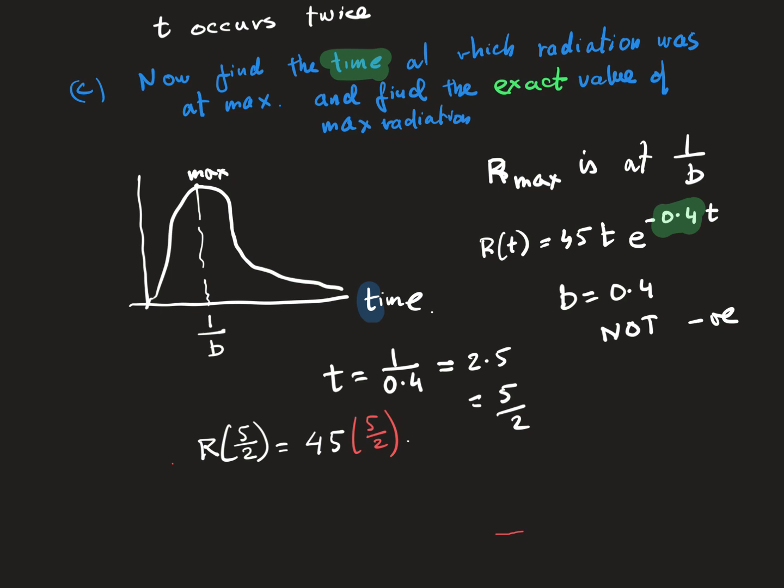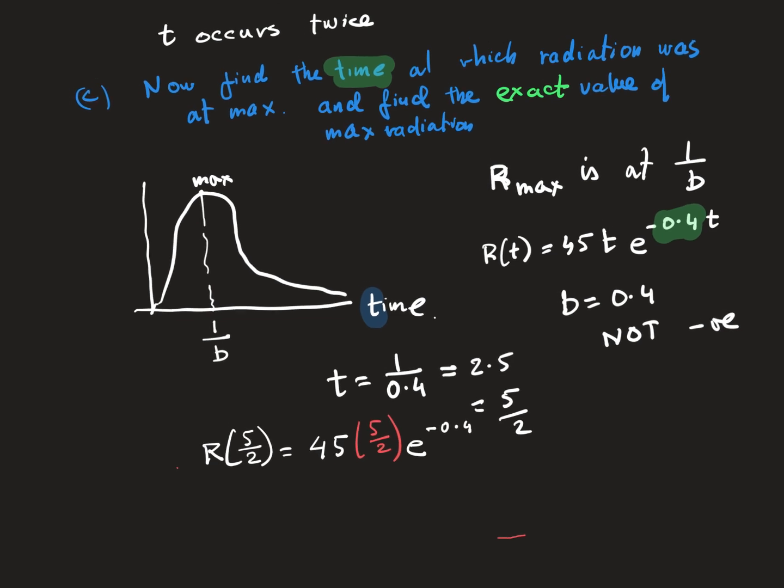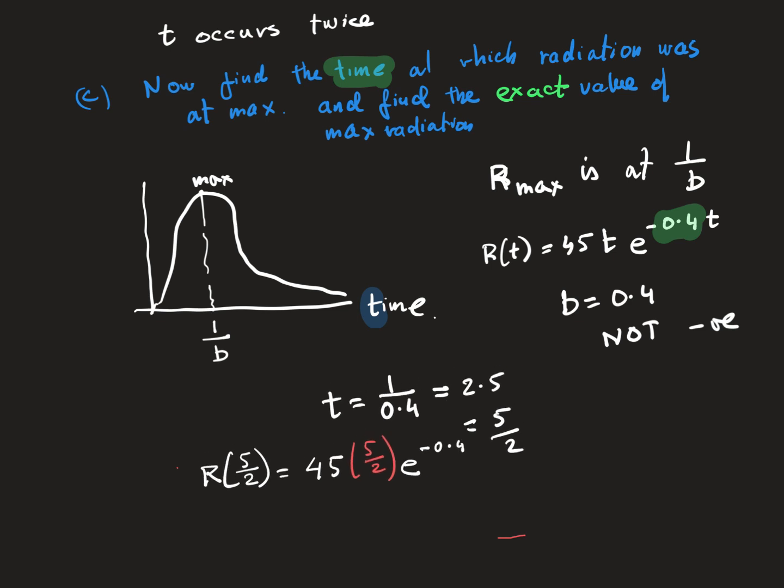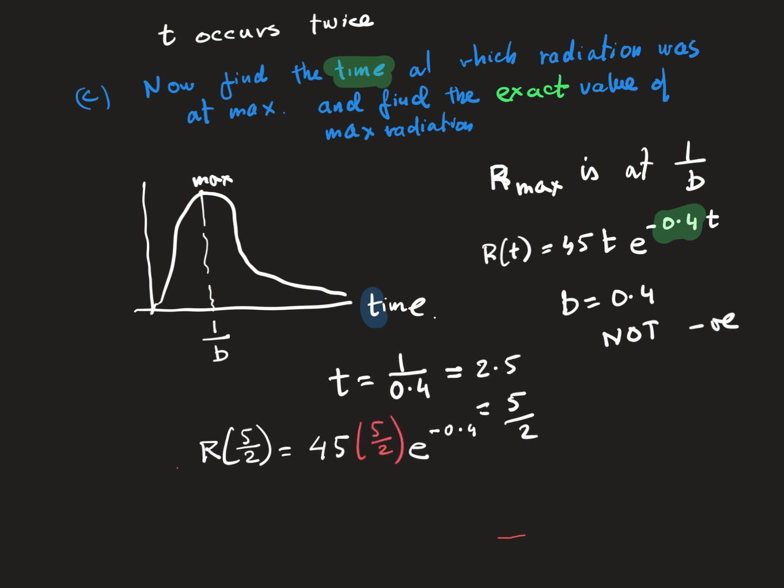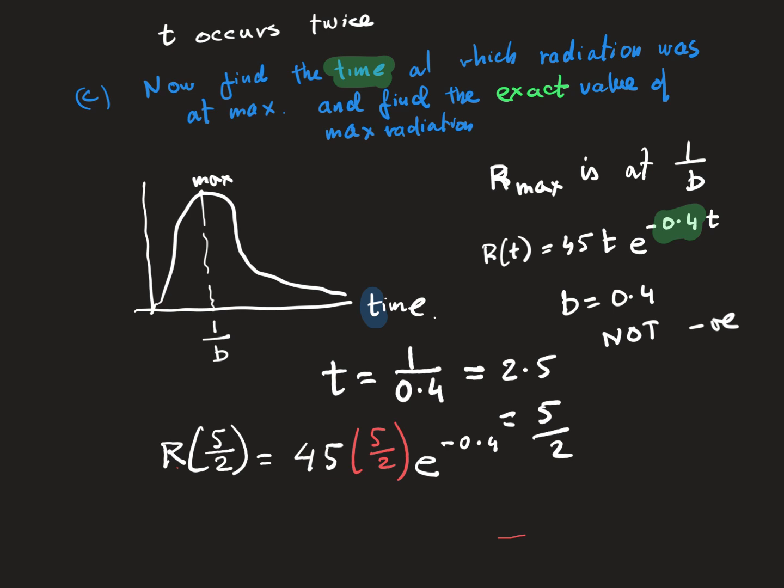The function is 45 times 5 over 2, e to the minus 0.4 times 5 over 2. Oops, sorry about that.